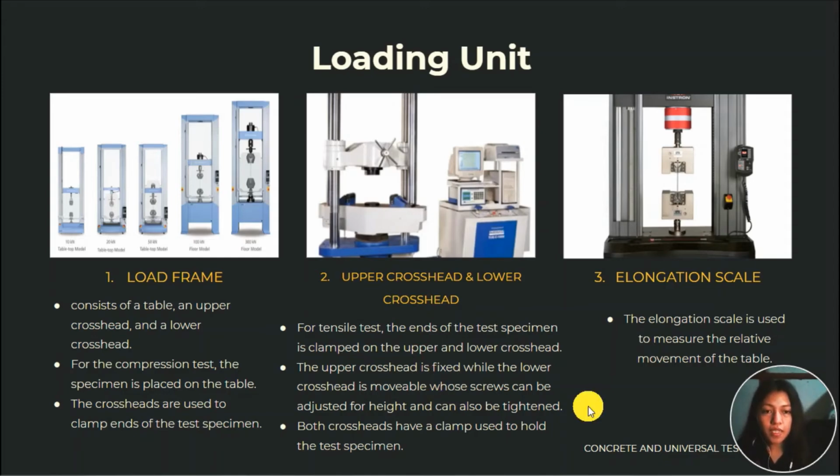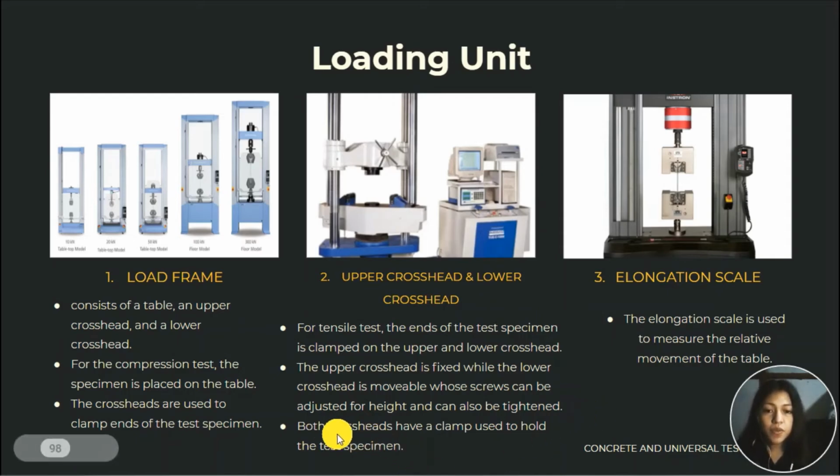The upper crosshead is fixed while the lower crosshead is movable, whose screws can be adjusted for height and can also be tightened. Since the lower crosshead is in between the upper crosshead and the table, it is the one that moves.